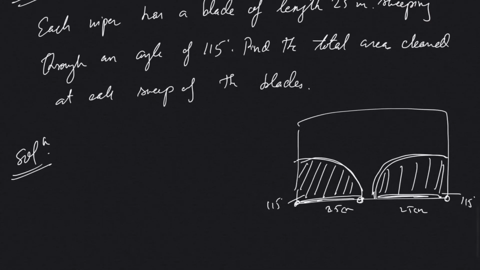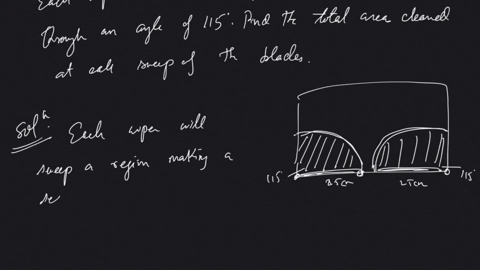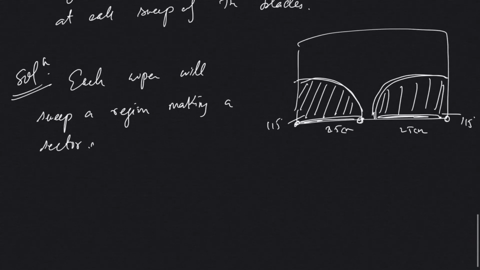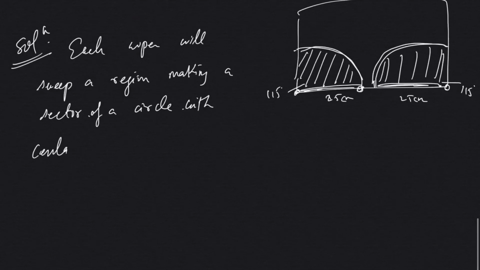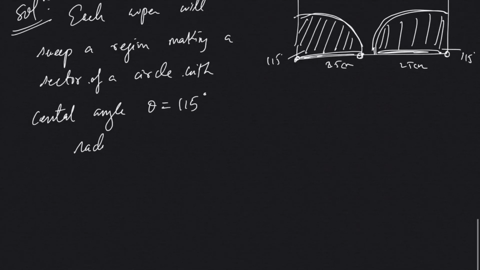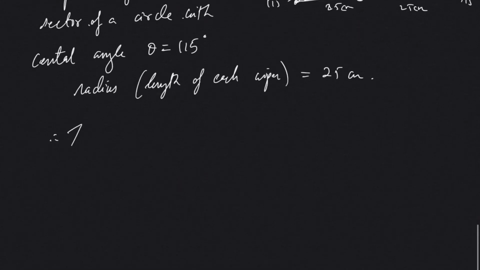So the concept is very simple. What we will do here is, each wiper will sweep a region, making, I'll write in simple English, a sector of a circle with central angle theta as 115 degree, and radius, that is length of each wiper, will be 25 centimeter.